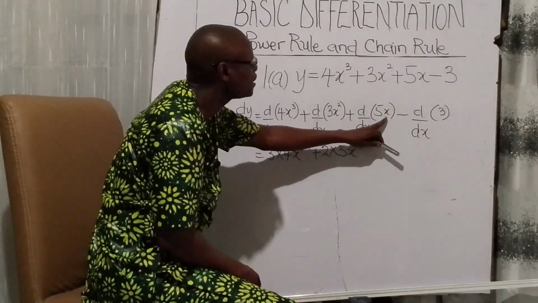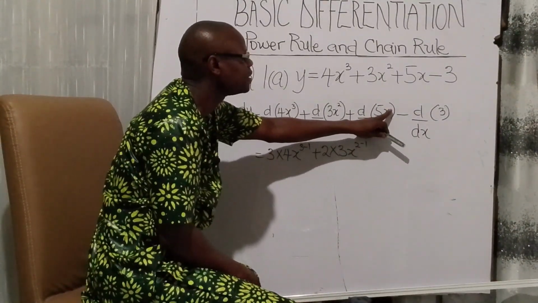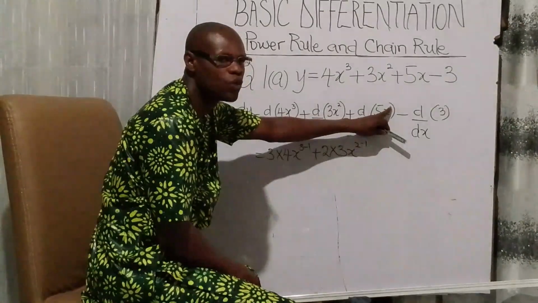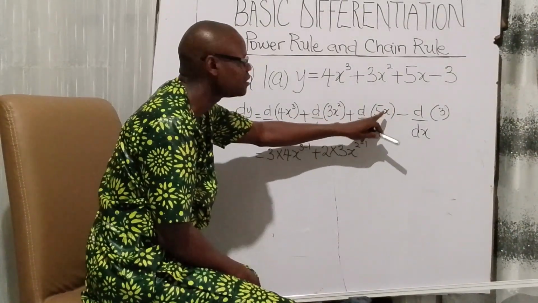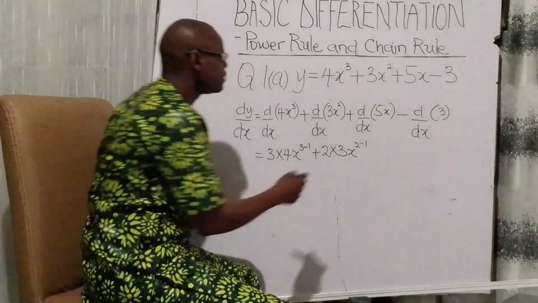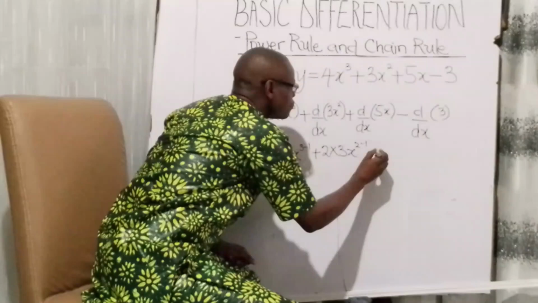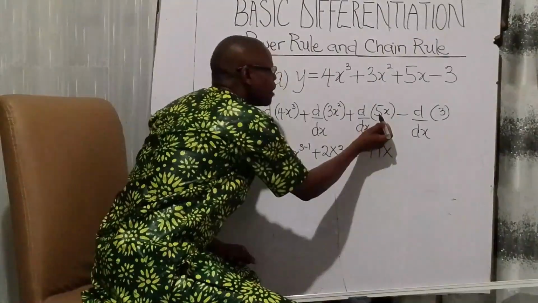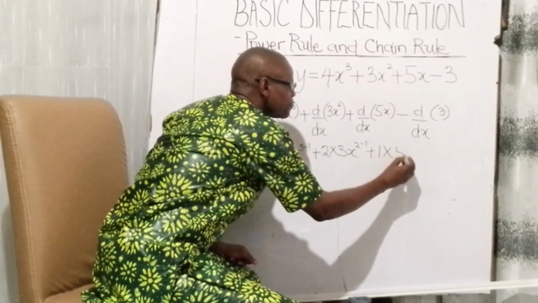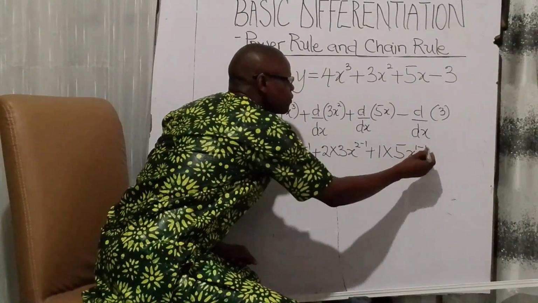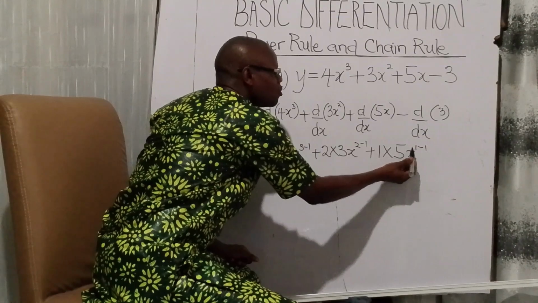Then in this case here, the index of x, the power of x here is 1. Although it is not written, it is invisible, but the power there is 1. So we can easily take that 1 to multiply our coefficient, which is 5. So we also subtract 1 from that index, which is 1.